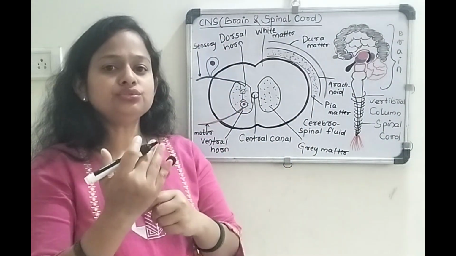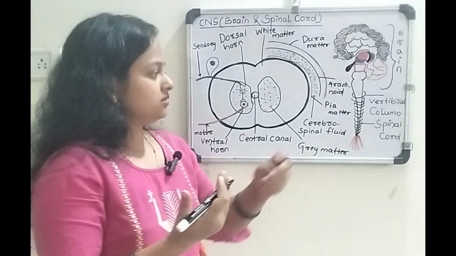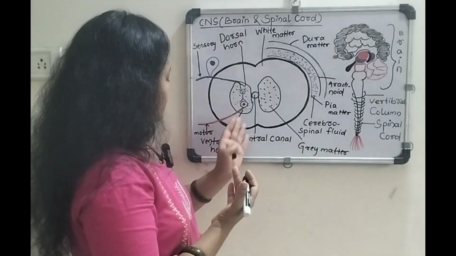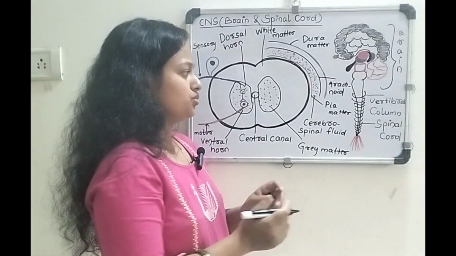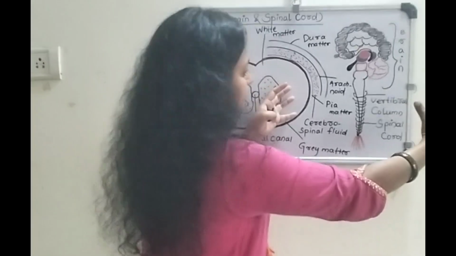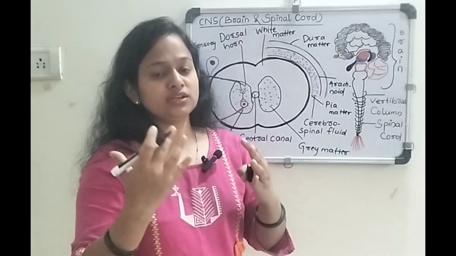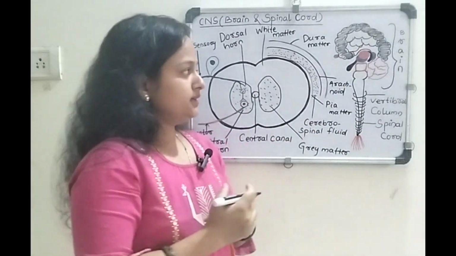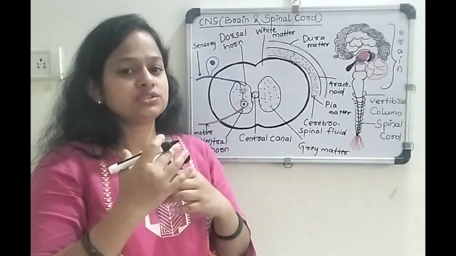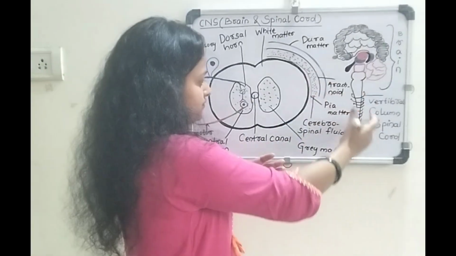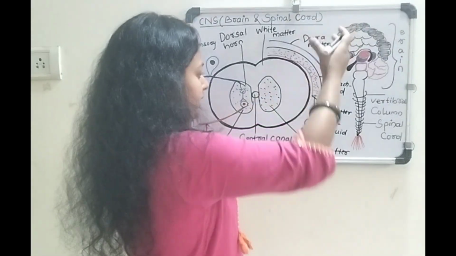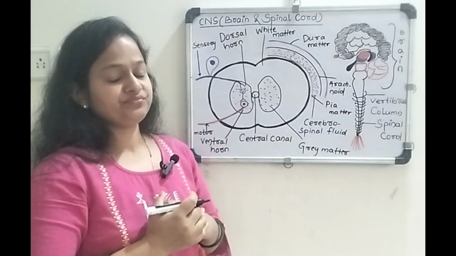There are two faces of the spinal cord, the dorsal horn and the ventral horn. The nerves originating from the spinal cord form the peripheral nervous system, and the brain and spinal cord form the central nervous system. So the spinal cord is the connecting link between the brain and the peripheral nervous system.